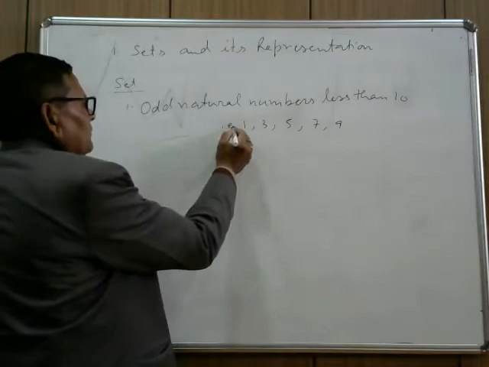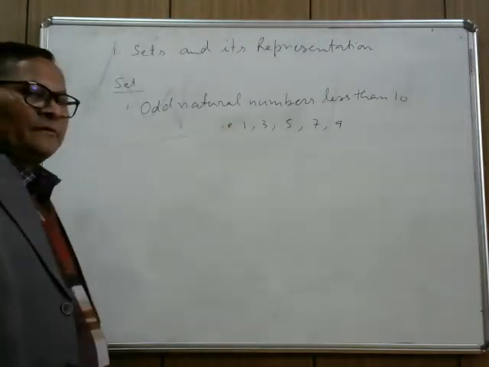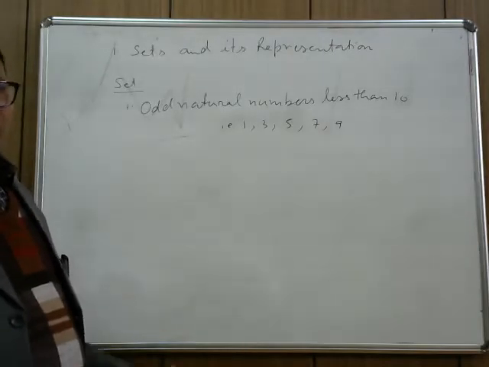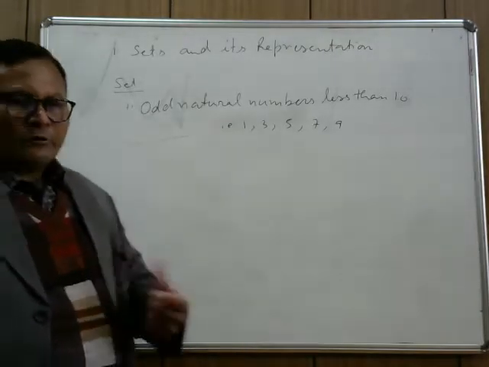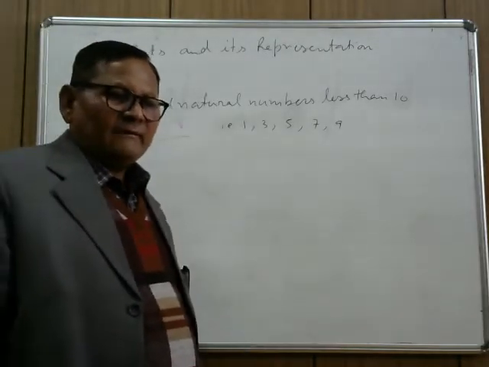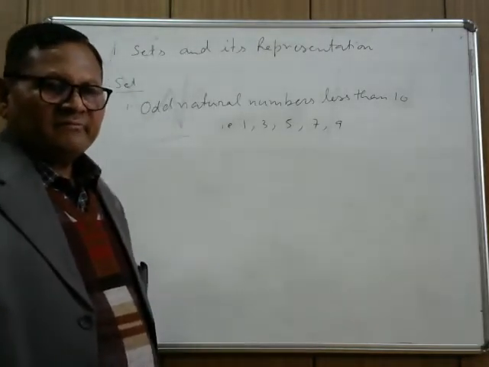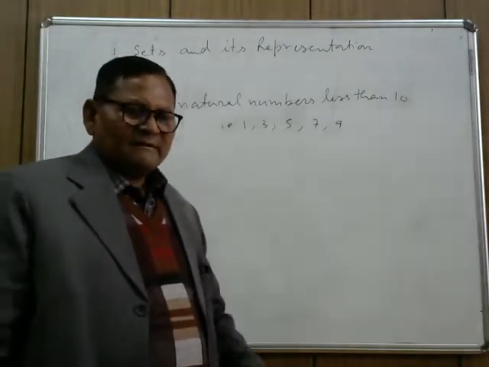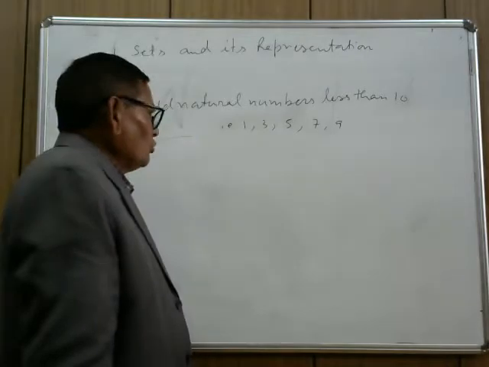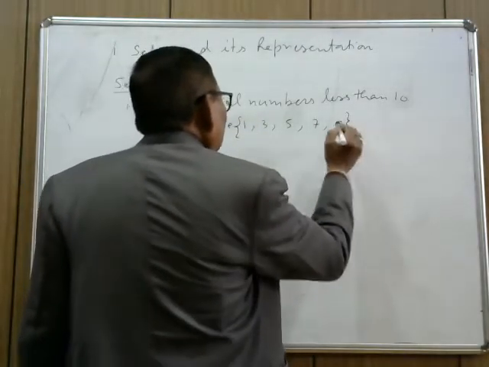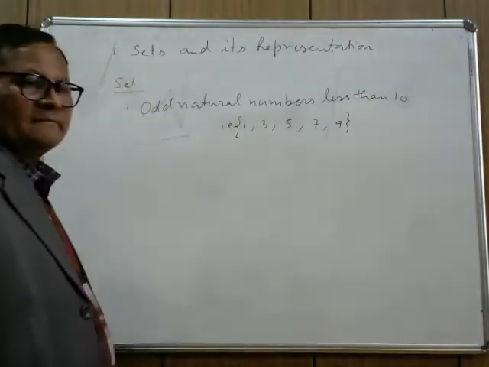This is one of the collections. This is not a collection. First of all, I would like to explain the difference between just writing the elements, writing the members with commas, which is not a collection. When you want to write it as a collection, you have to write inside the curly braces. Now this is the collection.